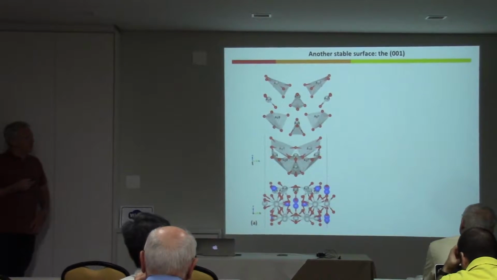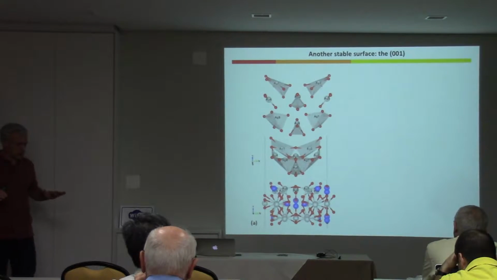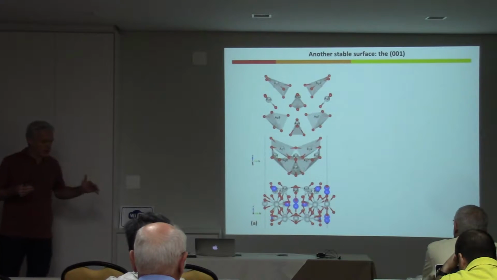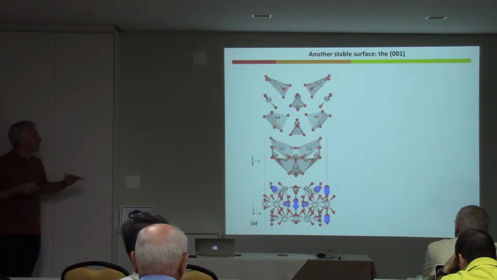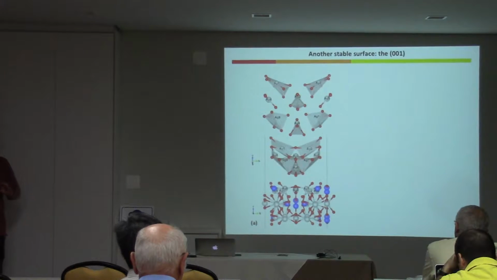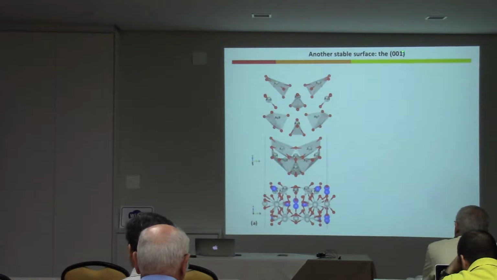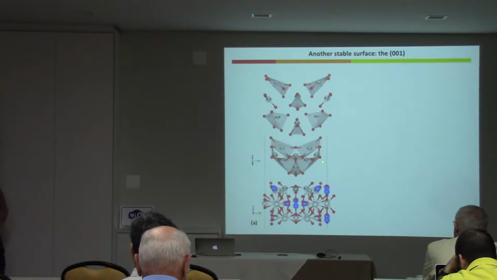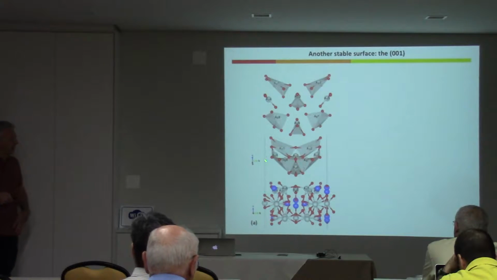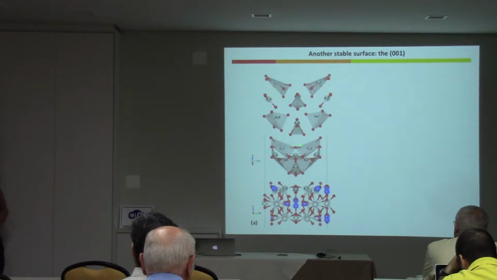Another surface, which is also not the most stable, but is very frequent in the morphology of the metal oxide, is the 001. After cleaving the bulk, we find this morphology for this surface, in which we again find different clusters with different coordination numbers.